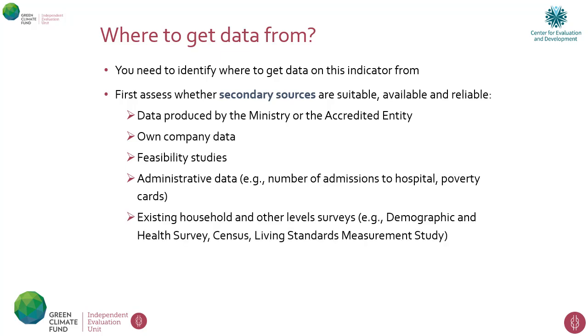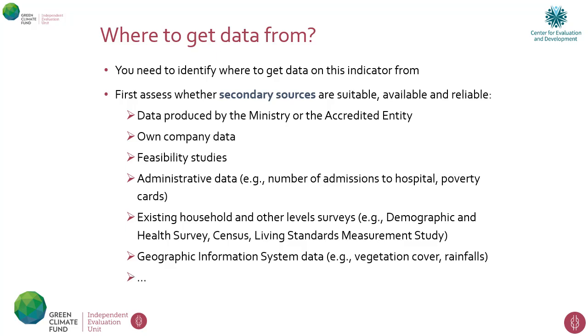You could also turn to existing household or other-level surveys, or also use geographic information systems such as rainfall and vegetation cover. Overall, there are many other possibilities as far as secondary sources are concerned.